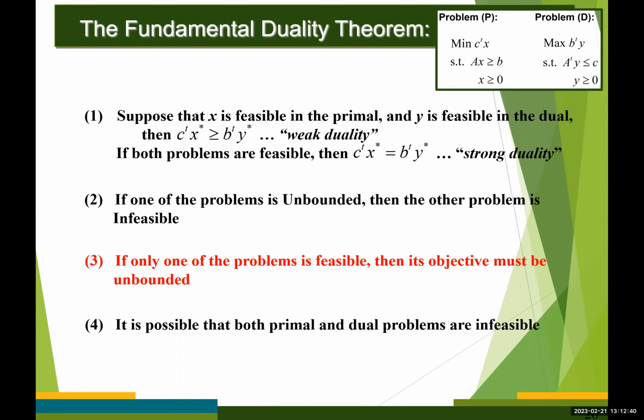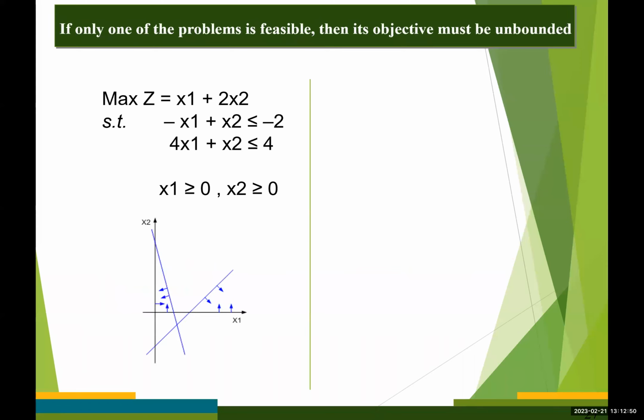Okay, the next example will show that if the primal LP has no feasible solution, then the dual LP has an unbounded objective, actually. So in this case, the feasible region is empty.